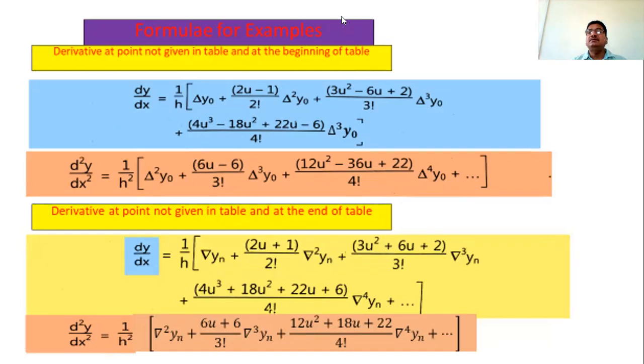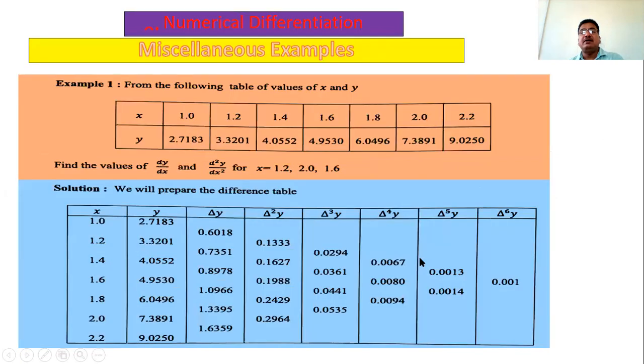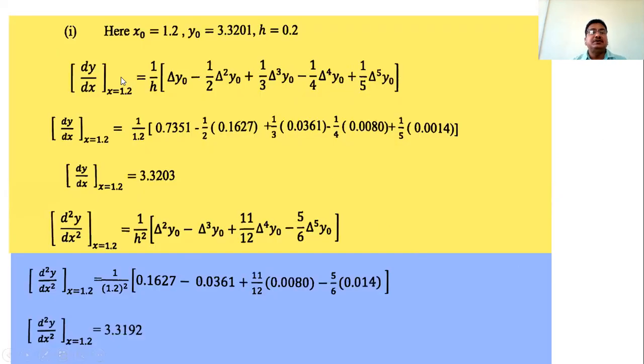What are the formulas? If the values are not given in the table, these are the formulas to find the first order derivative and second order derivative. Here the values are given in the table.